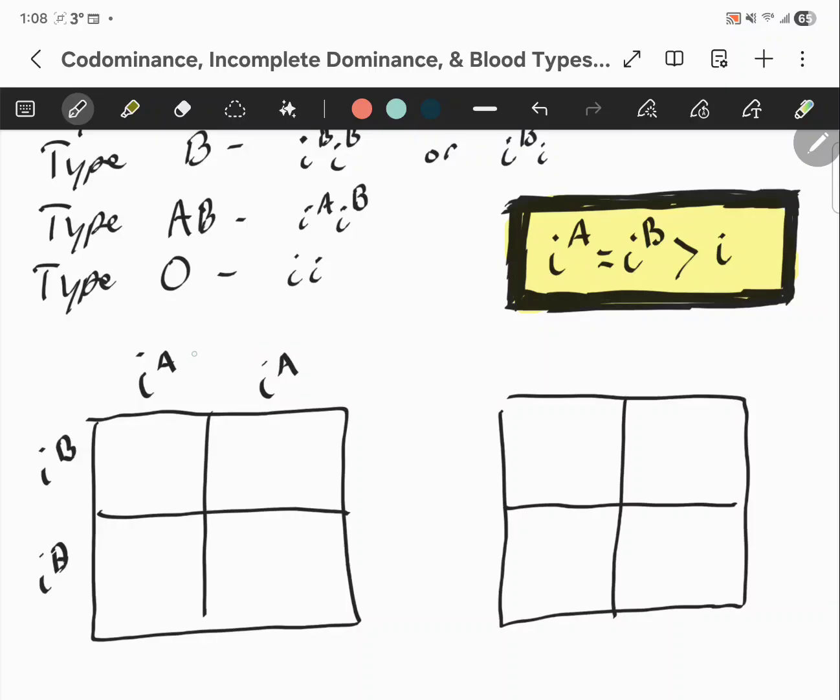This person has a 100% chance of giving an A allele because that's all they have. This person has a 100% chance of donating that B allele to the child, because that's all they have. I can plug it into the Punnett square if I want, but we're going to end up getting 100% type AB blood.